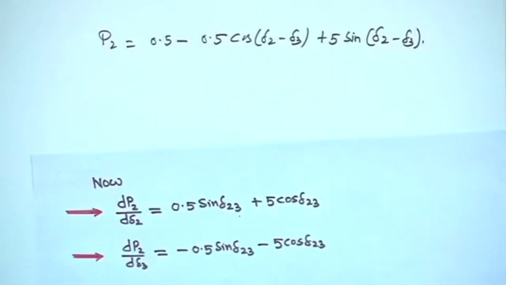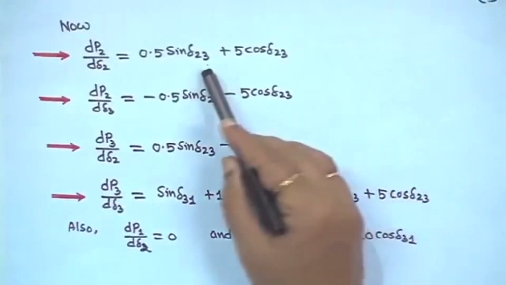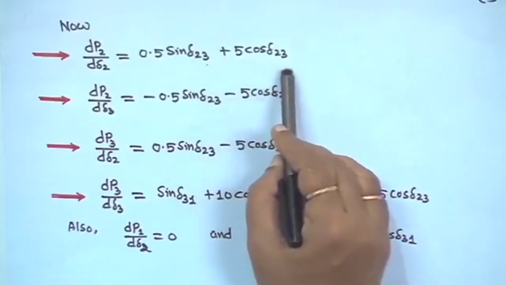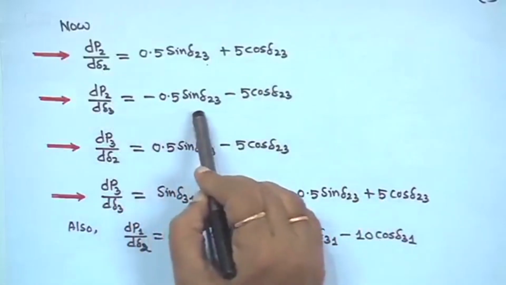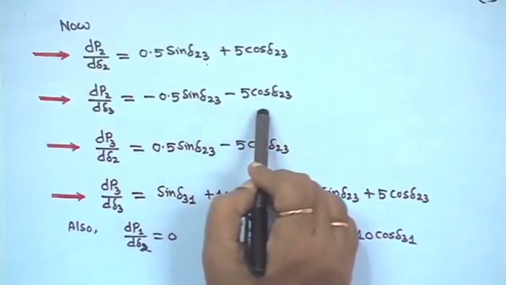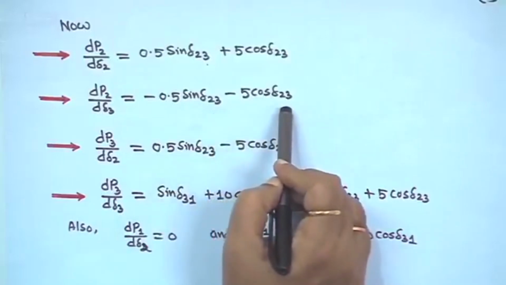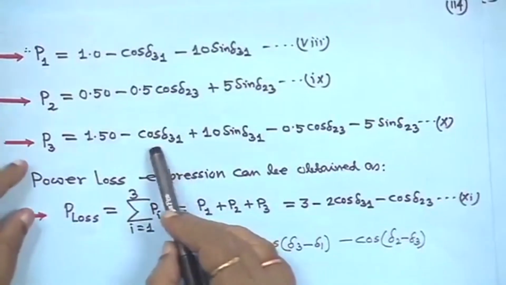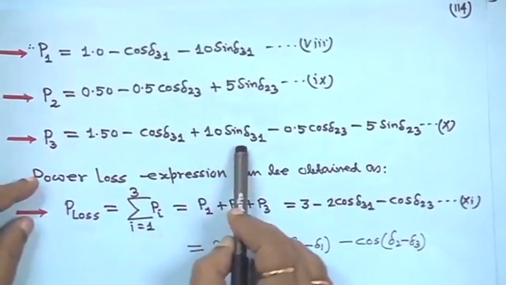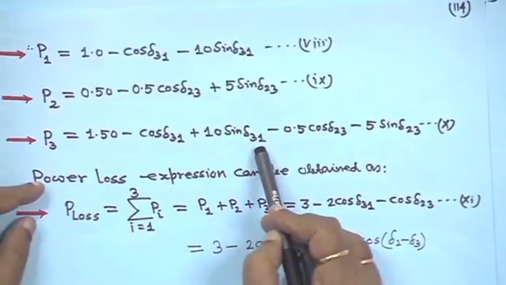Therefore, dP 2 by d delta 2 you will get 0.5 sin delta 2 3 plus 5 cos delta 2 3. Similarly, dP 2 by d delta 3 you will get minus 0.5 sin delta 2 3 minus 5 cos delta 2 3. Similarly, for the P 3 expression you write cosine (delta 3 minus delta 1) plus 10 sin (delta 3 minus delta 1), and so on.